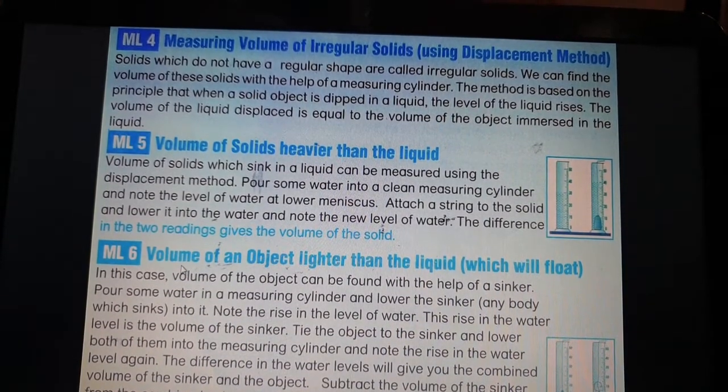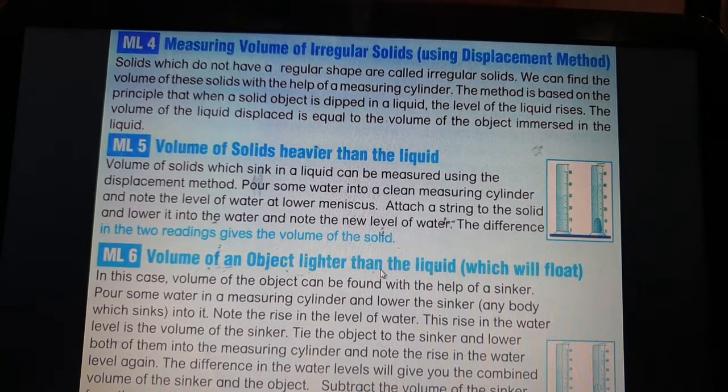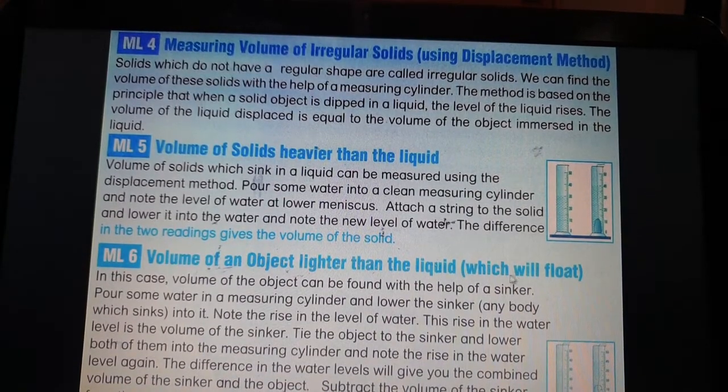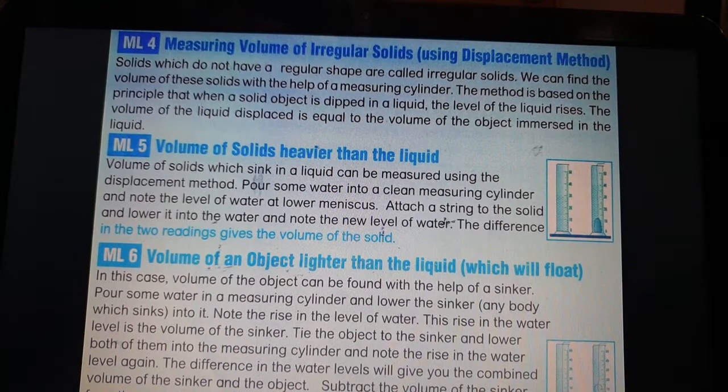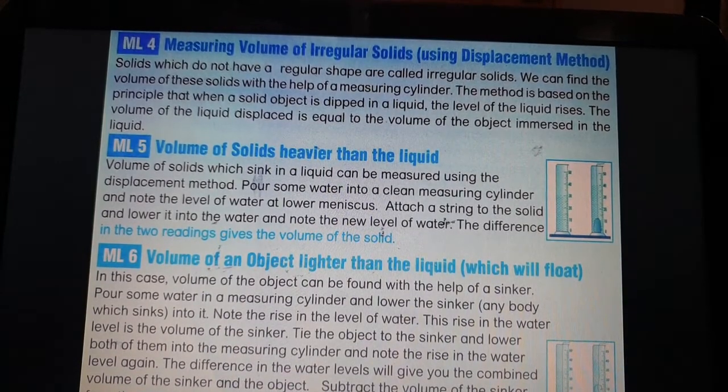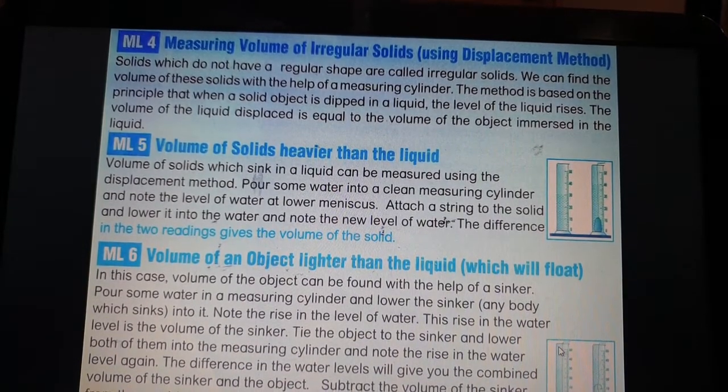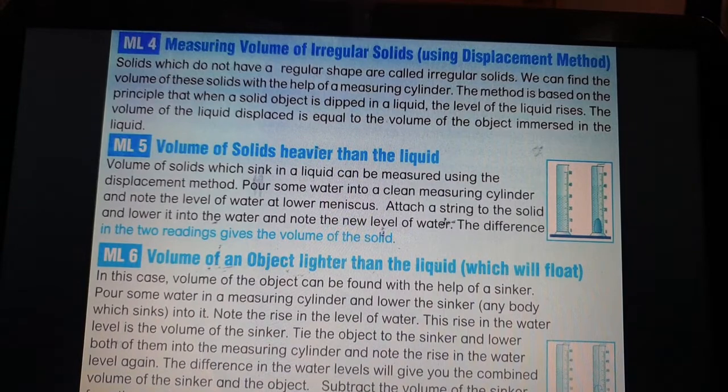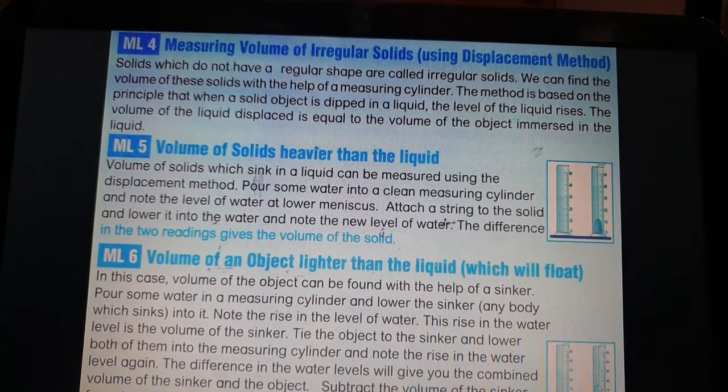In the same way, consider the volume of an object lighter than the liquid, which will float. For example, if I have a plastic cork and I put it into a cylinder, it will not go deep inside the water.